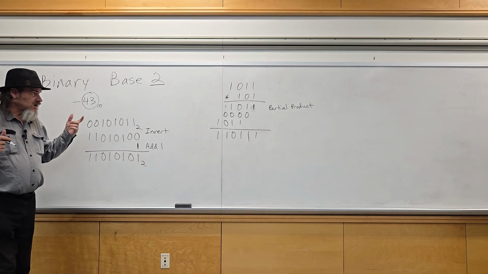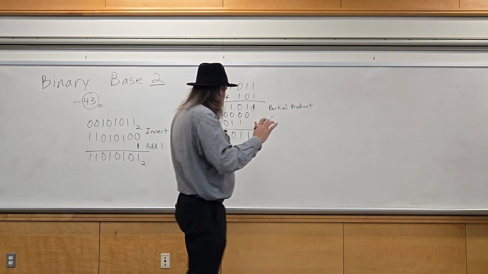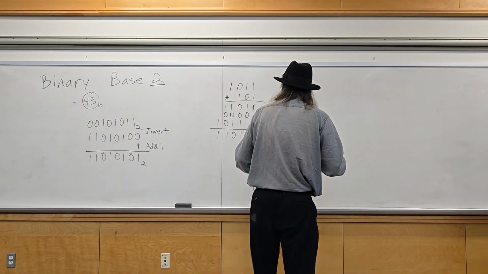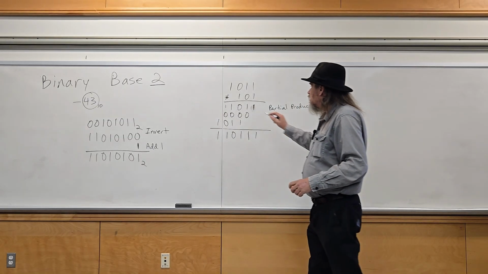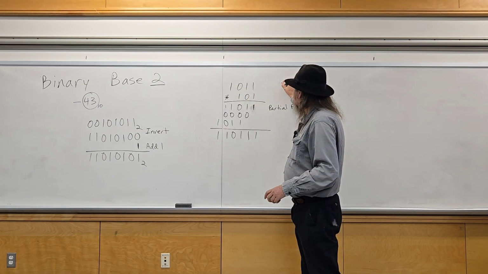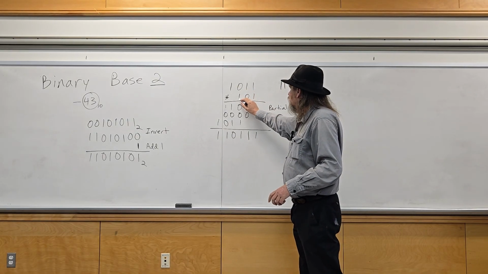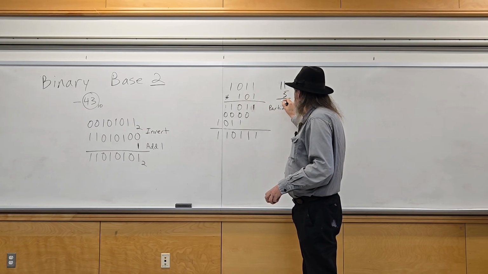Now let's look at the decimal and make sure this came out right. So 1011 is 8 plus 2 plus 1 is 11. 4 plus 0 plus 1 is 5. So that's 55.